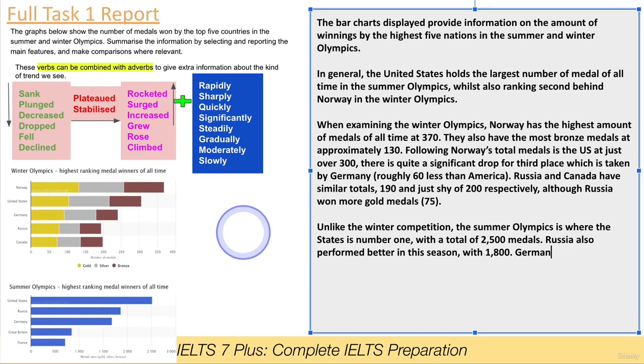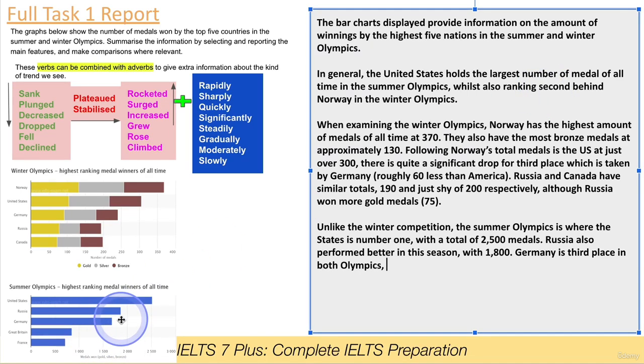So Germany is not far behind Russia. Third place in both. Or maybe we could say Germany is third place in both Olympics.